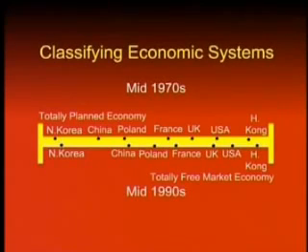Another example is China. Although China's movement from the left side to the right is slower than that of Poland. Interestingly, one common trend that we can notice is that there is no country here which has moved from right to left from the 1970s to the mid-1990s.